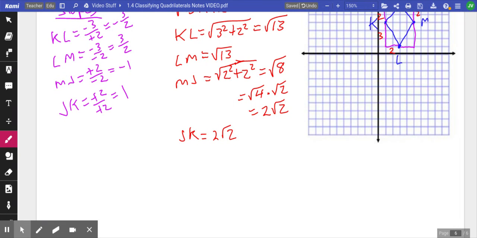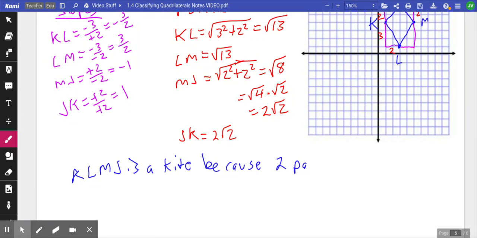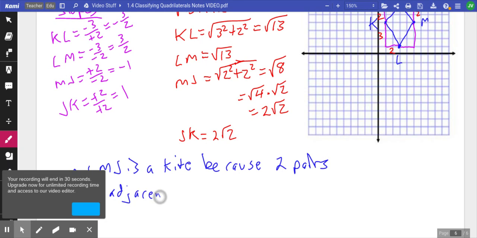So we know for sure that KLMJ is a kite because 2 pairs of adjacent sides are congruent. And that's all you really need to write for a kite.